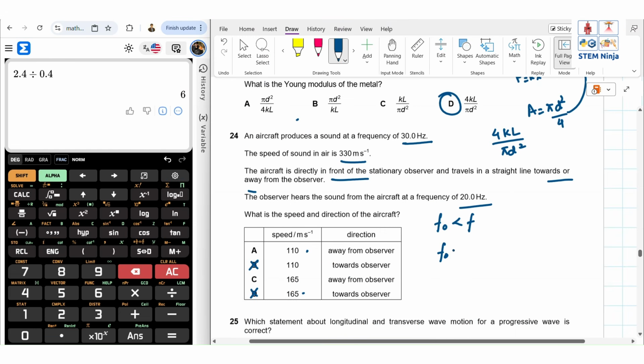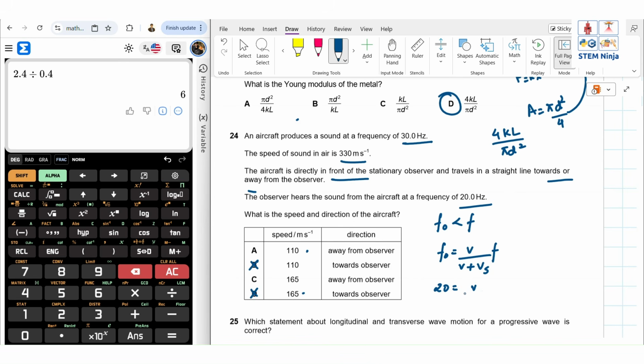So f0 is equal to V over V plus Vs times f. By the way, this particular formula is also available in the data sheet at the start of the exam, but it's plus minus. So if you don't know whether you're looking for the away or the towards, you might get confused. So we know f0 is 20.